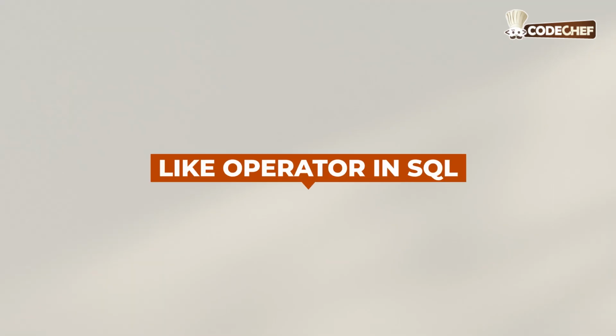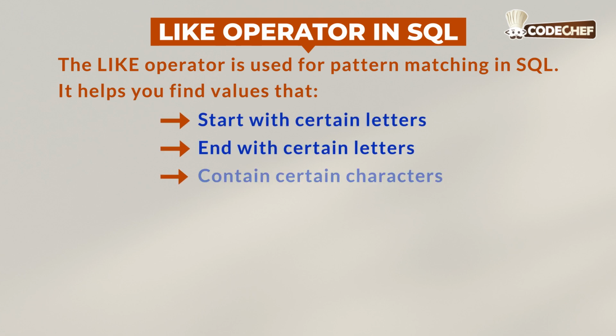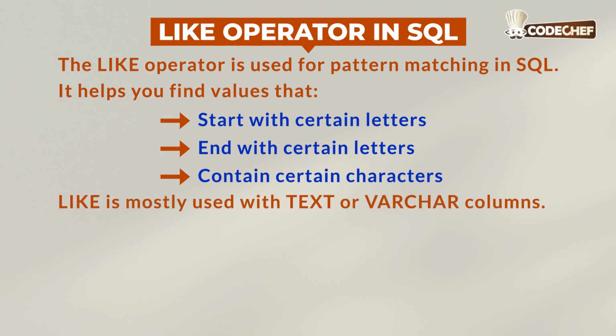Like operator in SQL. The like operator is used for pattern matching in SQL. It helps you find values that start with certain letters, end with certain letters, or contain certain letters. Like is mostly used with text or varchar columns. So whenever we want to match a string with another, we use the like operator.